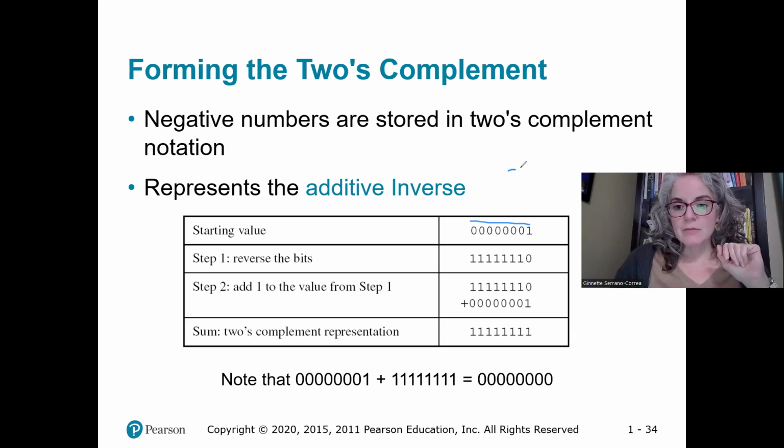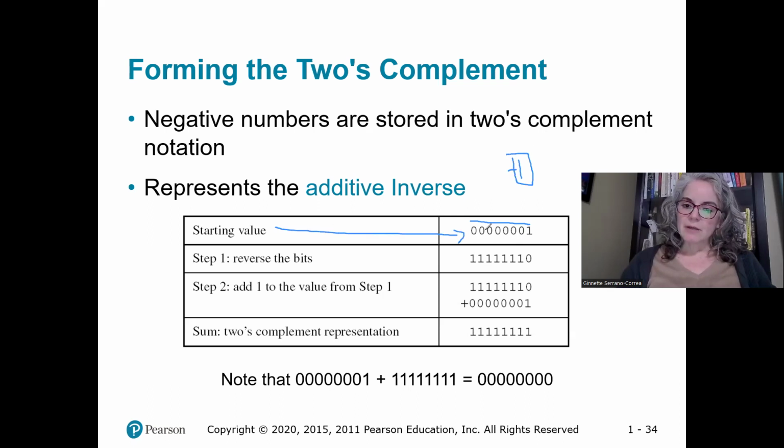So if we have a negative 1, what's going to happen is we first take this 1 and we show it as a binary number. Then we reverse all the bits. So everything that's a 1 gets reversed to a 0. Everything that's a 0 gets reversed to a 1. After we do that, we take this number and we add 1 to it.